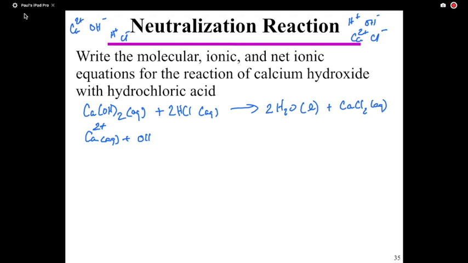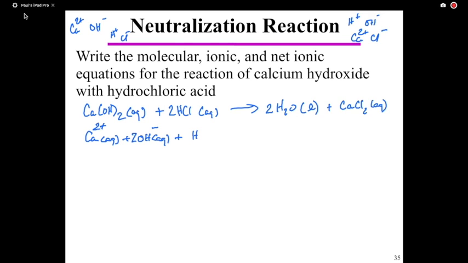Plus, what is the ion? Hydroxide. Okay. What is its charge? -1. How many do I have of them? 2. Because of the parentheses, and label it. Plus, it's aqueous. It is a strong acid, so it fully dissociates. So what is the cation?